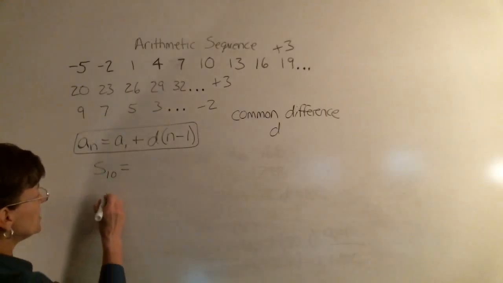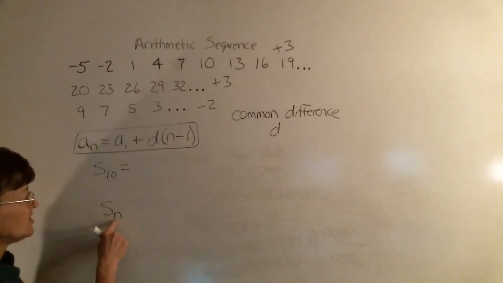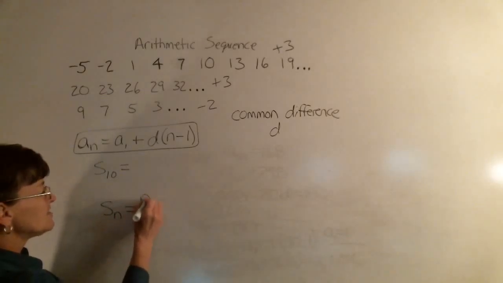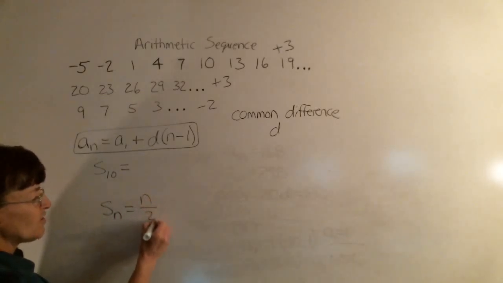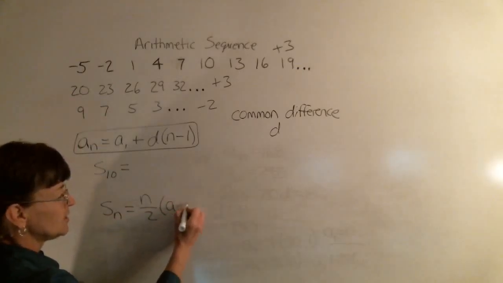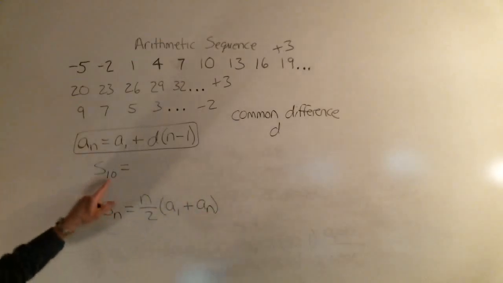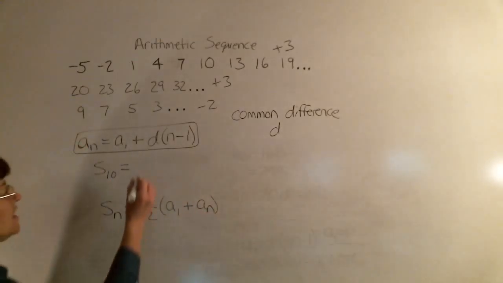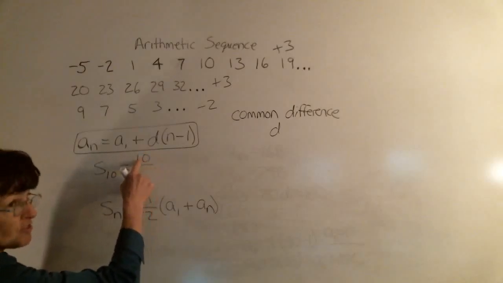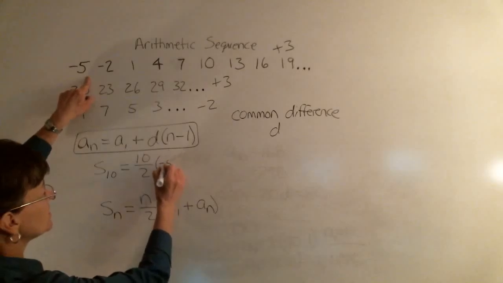But the formula for the sum of the first n terms is the number of terms divided by 2, times the first term plus the nth term. So in order to find S sub 10, I have 10 terms, so 10 divided by 2. I know my first term is negative 5.